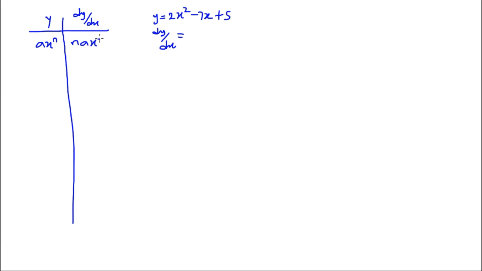The new power is that I will subtract 1 from the old power. So what I will have for this will be 4x raised to power 2 minus 1, which is 1.